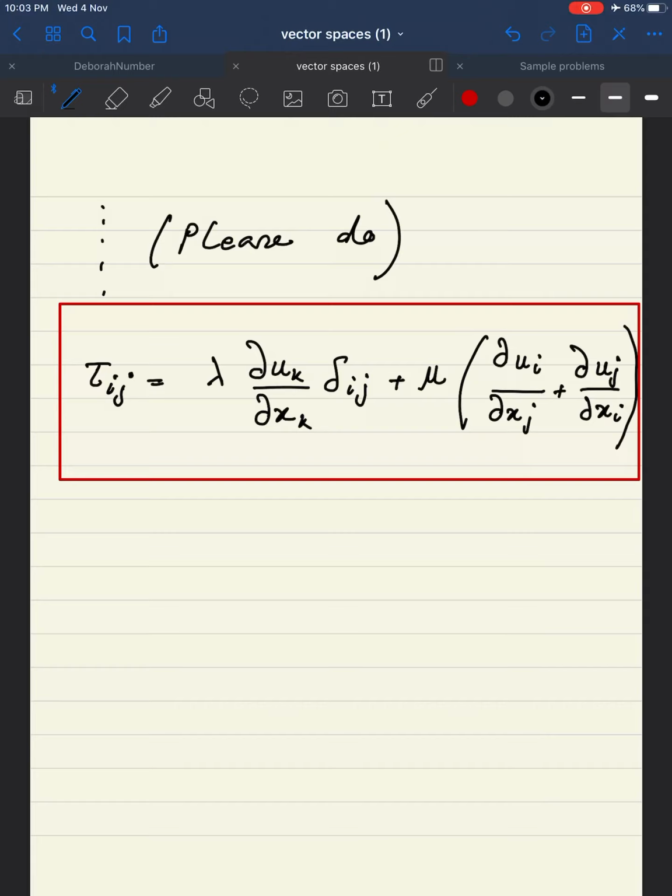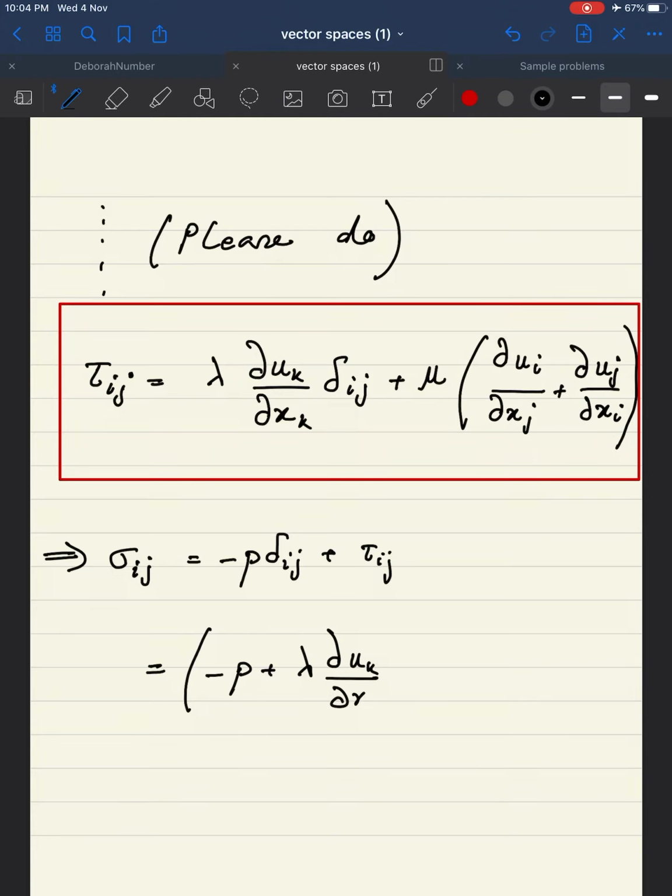So now my sigma ij, which was nothing but minus p delta ij plus tau ij, what does that become? It just simply becomes minus p plus lambda delta uk by delta xk del ij plus mu times this quantity del ui del xj.